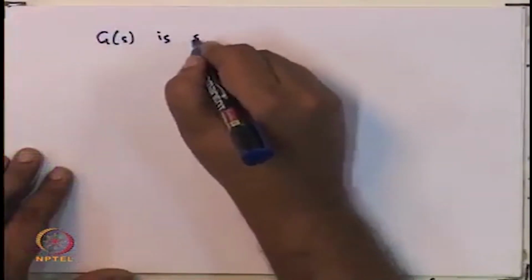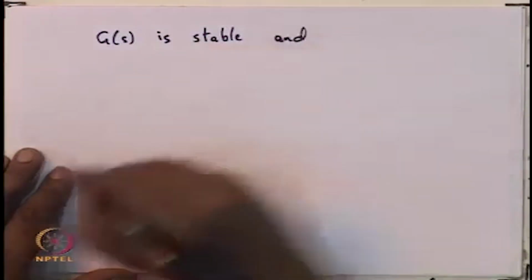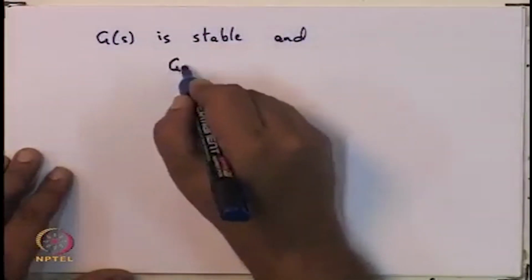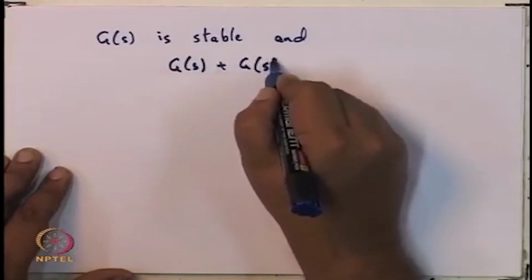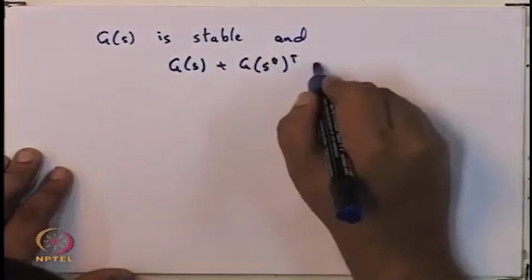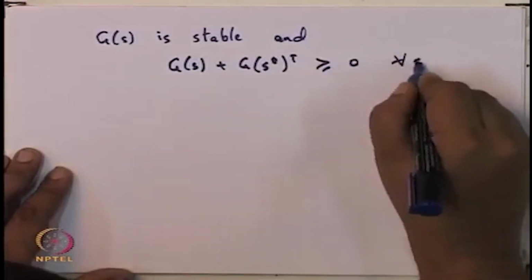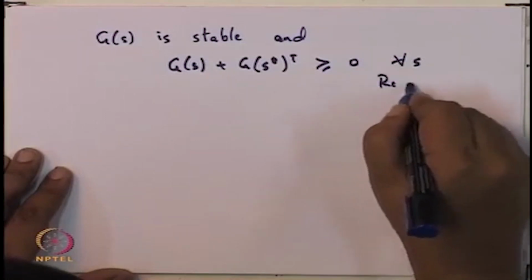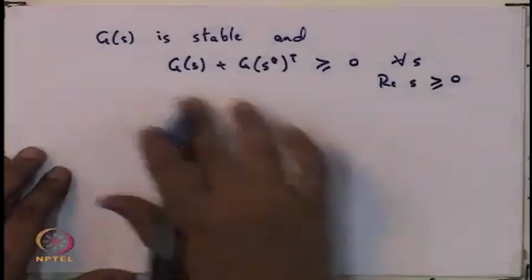So we are assuming G(s) is stable, and G(s) plus G(s) star transpose is greater than or equal to 0 for all s such that the real part of s is greater than or equal to 0. So, this is our assumption.